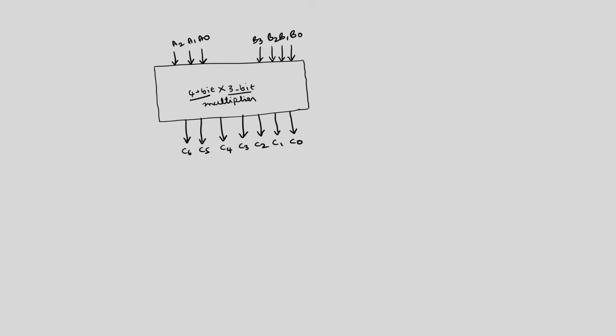So we can define this as a module. I will give the name as multiplier. So what are the inputs and outputs of this multiplier? We have the outputs C6 to 0, then inputs are A 2 to 0, B 3 to 0.